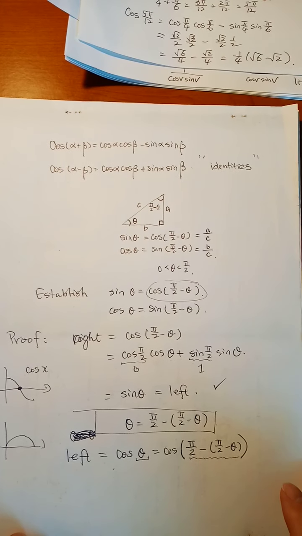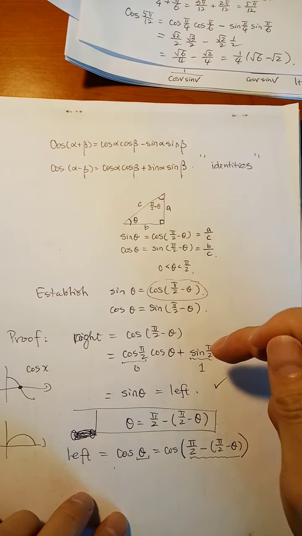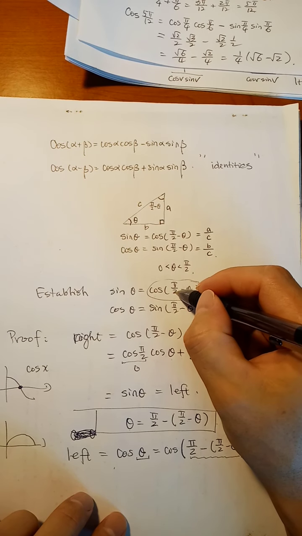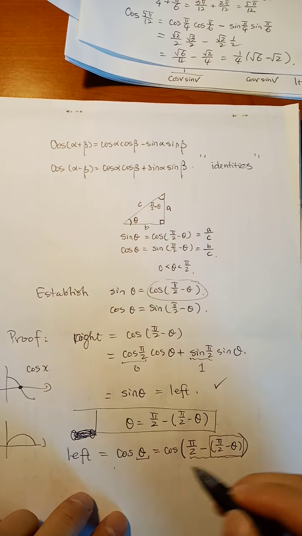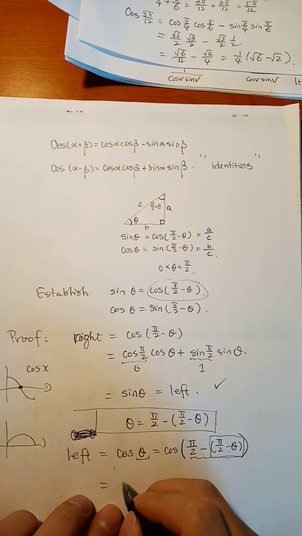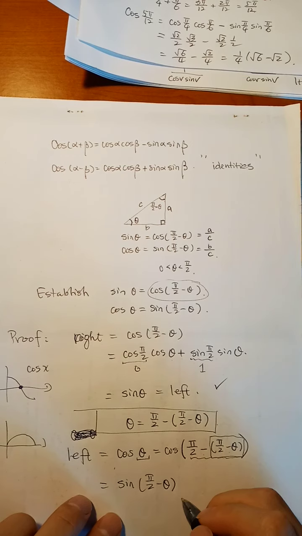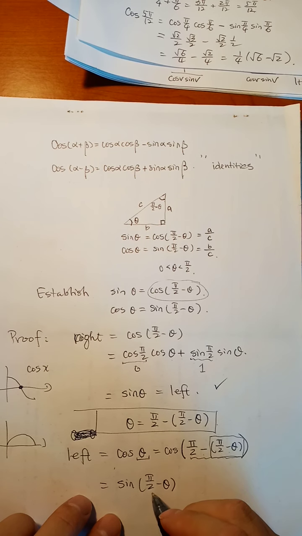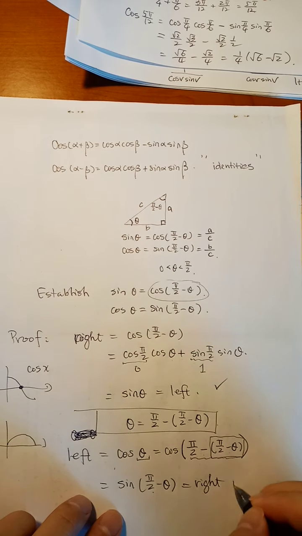Very useful. Okay, so now we are going to apply the first identity. Cosine of pi over 2 minus whatever angle, cosine of pi over 2 minus this angle, is equal to sine of this angle. Okay, cosine theta is sine of pi over 2 minus theta. This is the right side. And check.